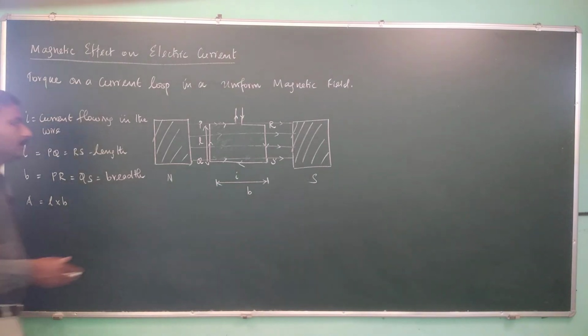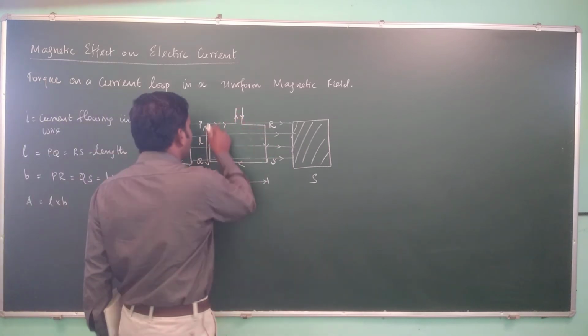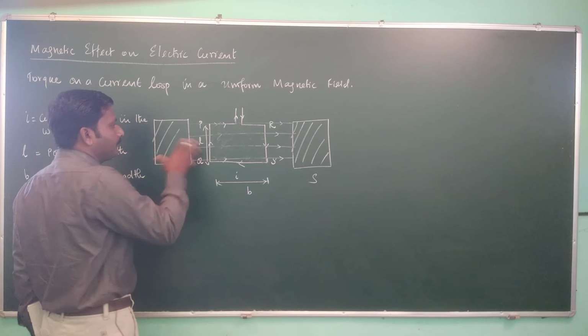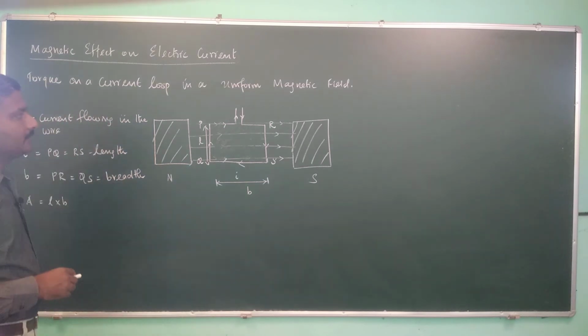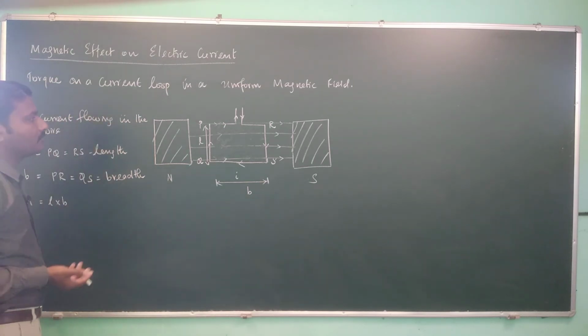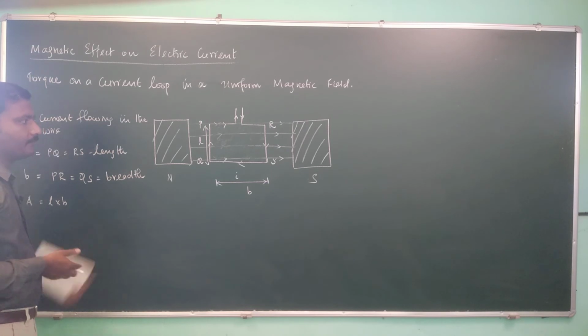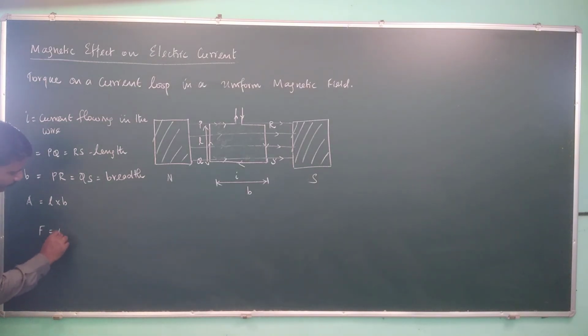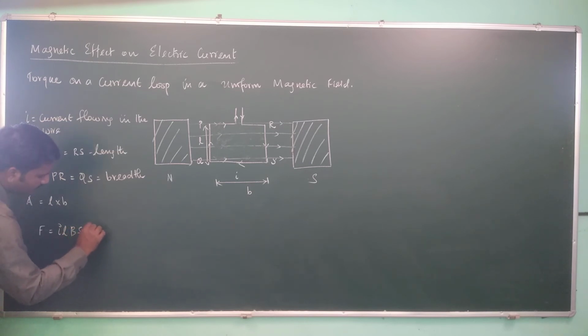Now, this current carrying coil is placed within the environment of a magnetic field, so it will experience a force due to the magnetic field lines. We can write the equation for this force. For that we have to apply the formula F equals I L B sin theta.